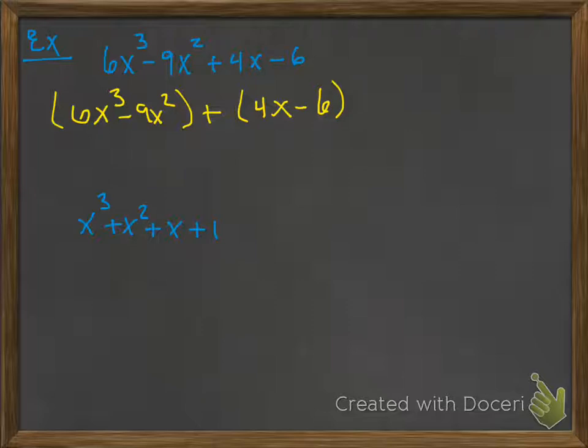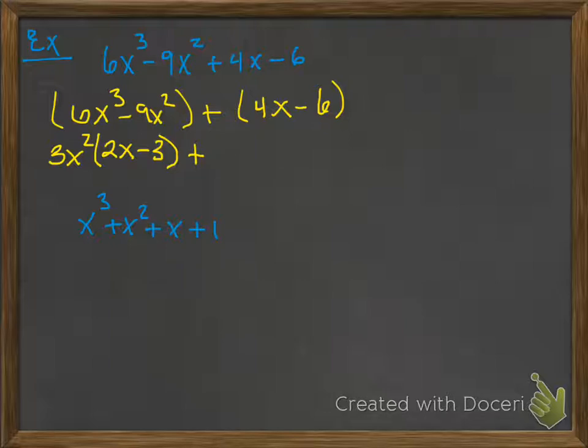And I see here that these both have a 3 and an x squared in common. So I could write 3x squared, and I end up with 2x minus 3. And that's factoring out the 3x squared.